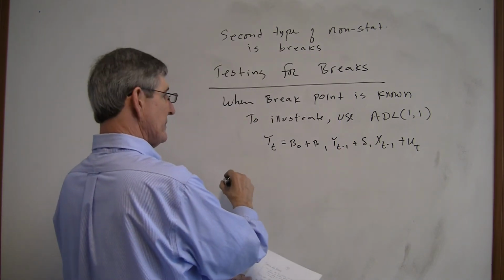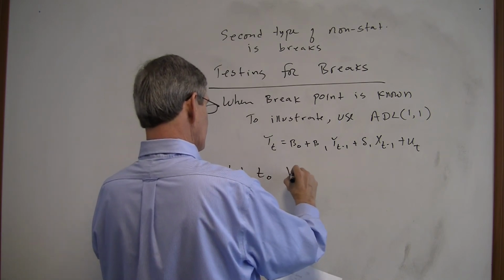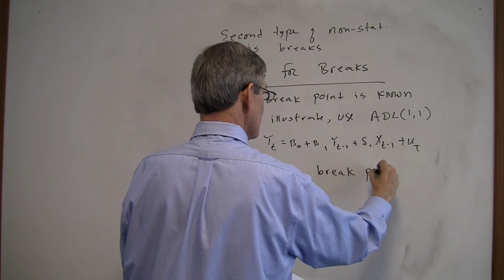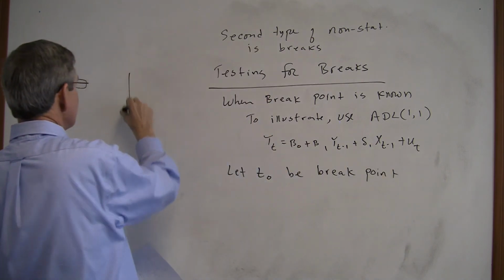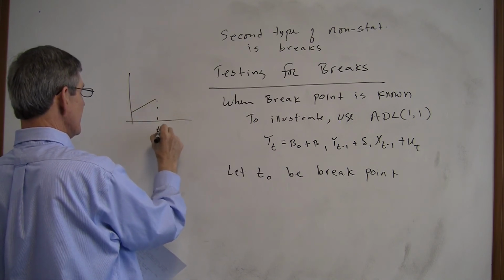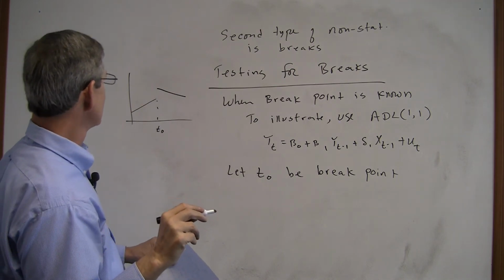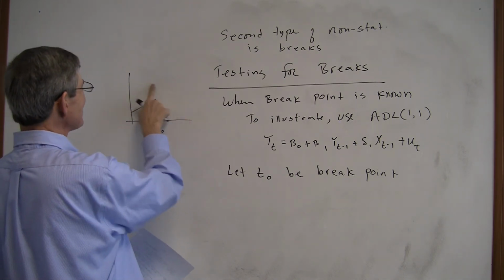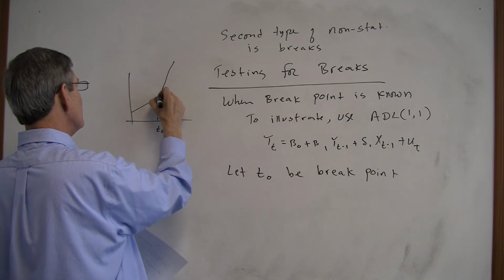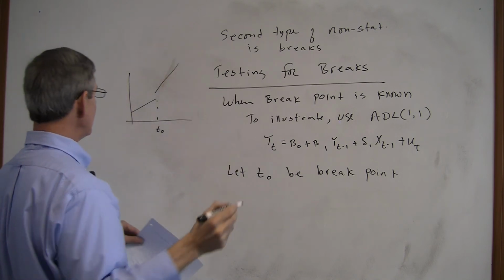Now let t0 be the breakpoint. So you've got one model up to t0, and after that, some other model altogether. It probably wouldn't change the sign of the slope, but it's just some other model from that point on. I drew that terribly, but you get the idea.